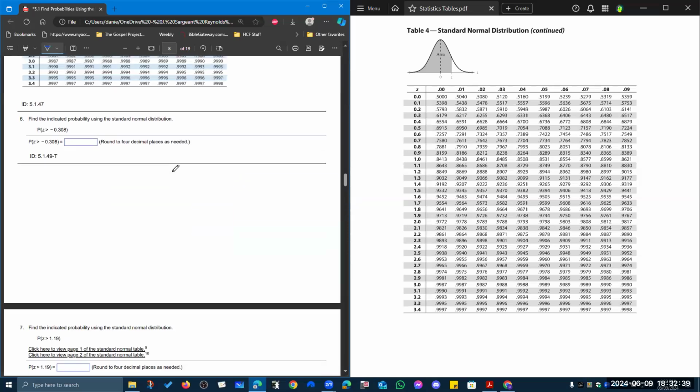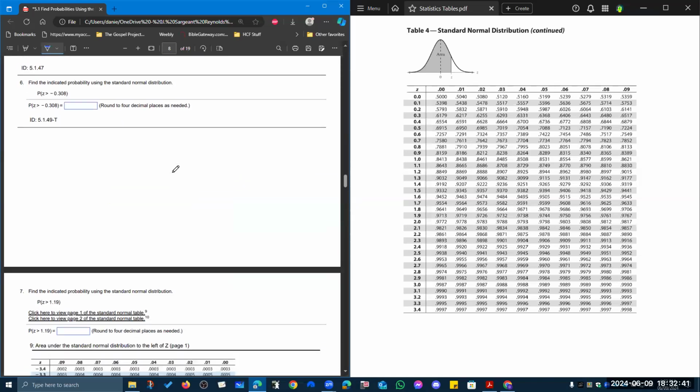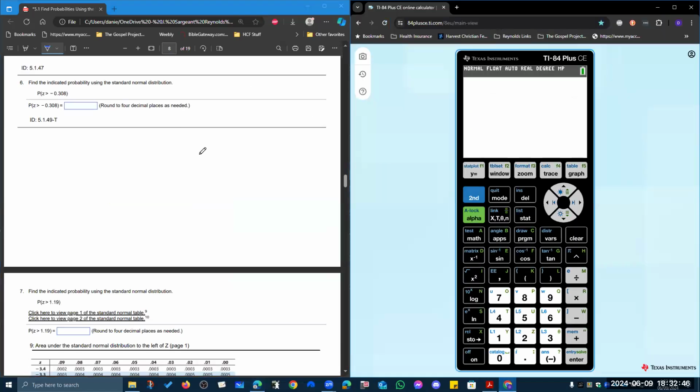And now we're into one of the technology problems. So let me pull up the calculator here. We want second distribution, normal CDF. We're not going to use normal PDF at all unless we actually want to draw the normal curve. We're always going to be using normal CDF.